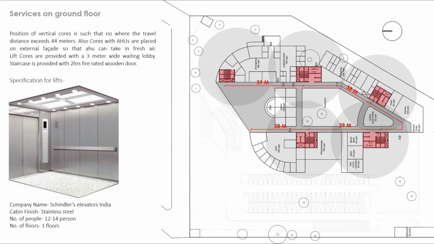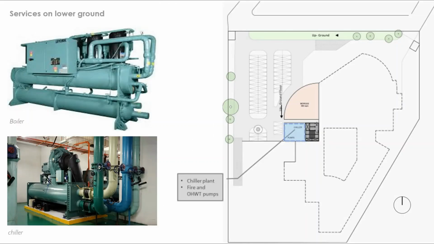Other services on the ground floor include the position of vertical cores, which is such that nowhere the travel distance exceeds 44 meters, and the specification for the lifts. Services on the lower ground floor include chiller plant and AC plants and fire and overhead water tank pumps.